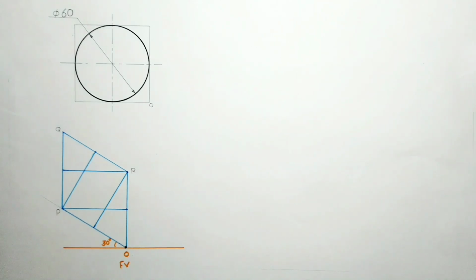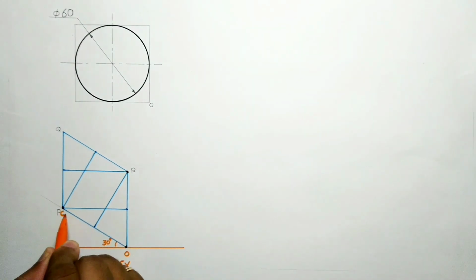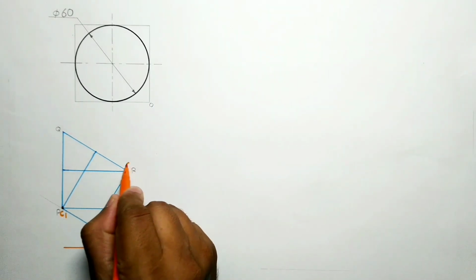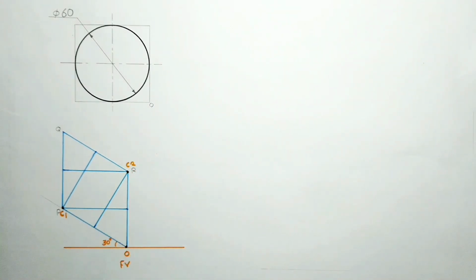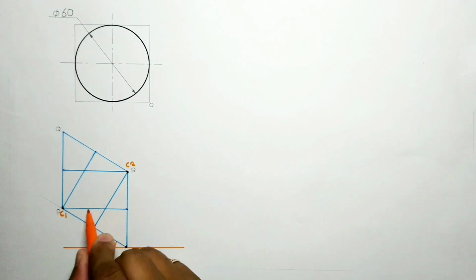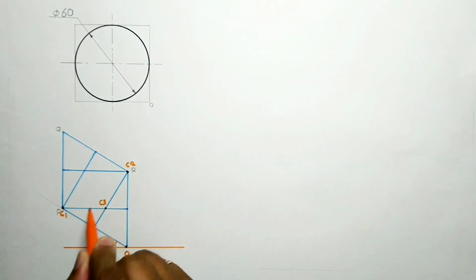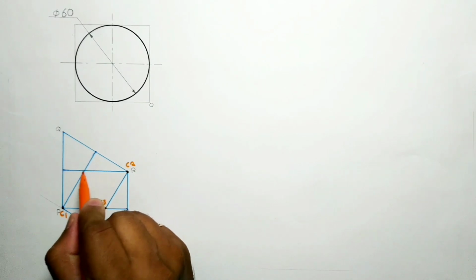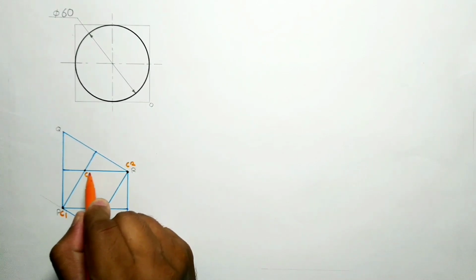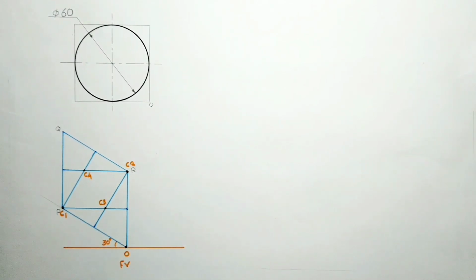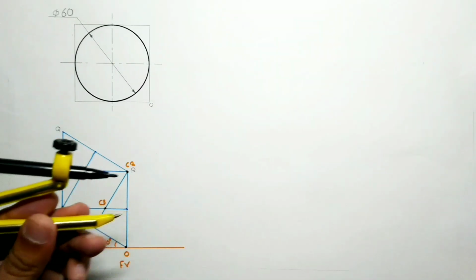Now there are four centers: center number 1, center number 2, and this intersecting line called center number 3, and this intersecting line called center number 4. So these four centers we require to draw a circle. Now take the compass.